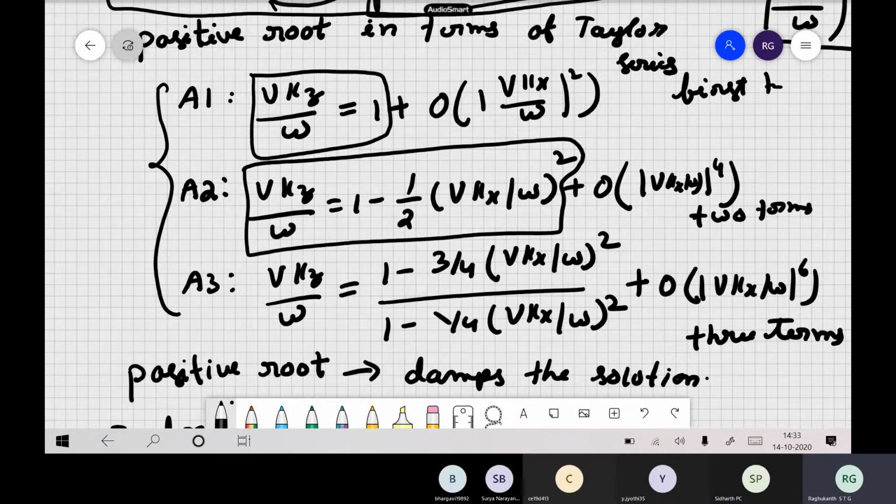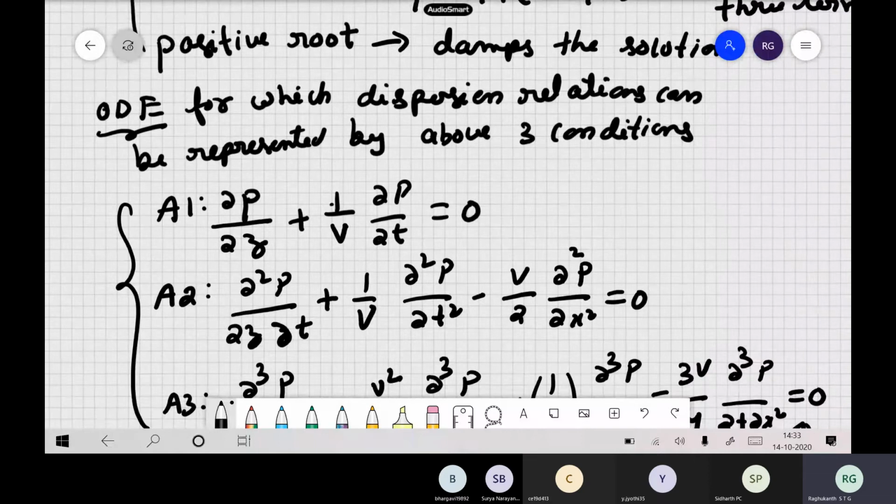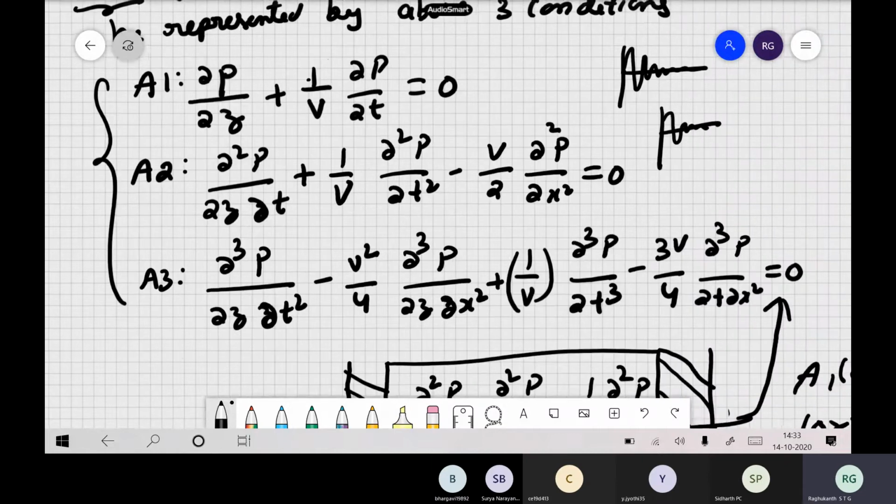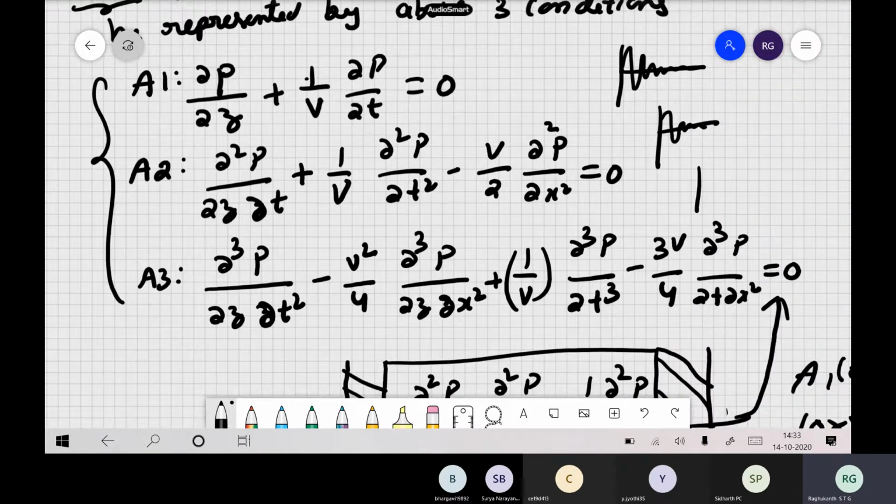But as I already told you, these types of equations are very difficult to represent in finite differences. You have to convert this into a corresponding ordinary differential equation. So this corresponds to this equation, and its solution will always be like this, so it damps. The solution of this equation, or the third one where you have included all the higher order terms, will be completely damped.